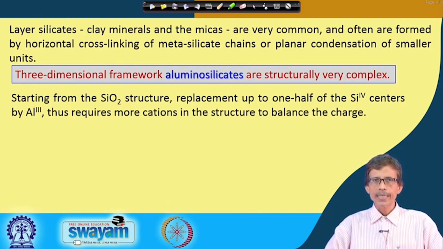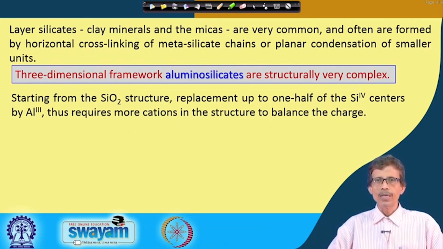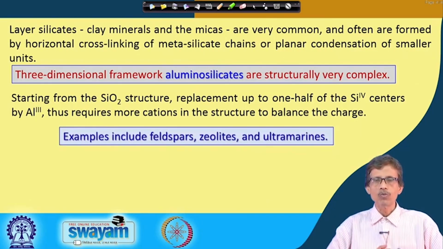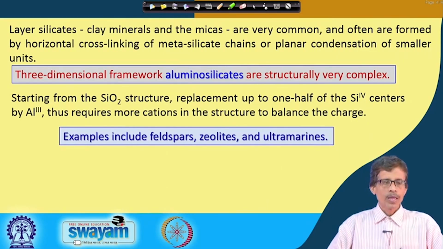So we get less positive charge to balance the entire 3-dimensional structure. Once you substitute one tetravalent silicon by one Al3+, we must have a cation, such as potassium or sodium, to balance the overall structure, because the whole structure must be neutral.